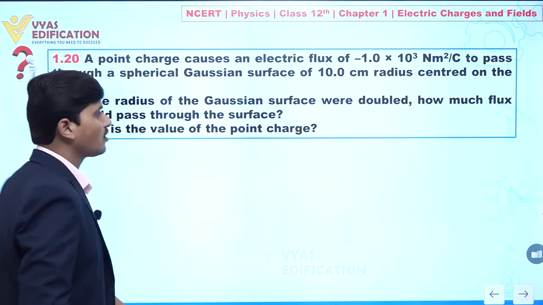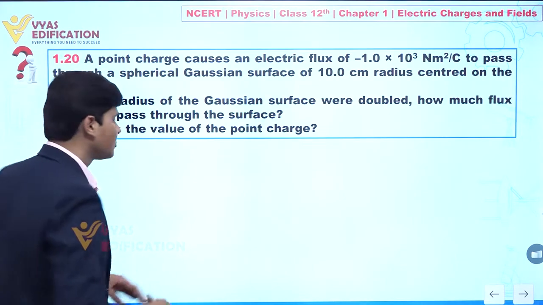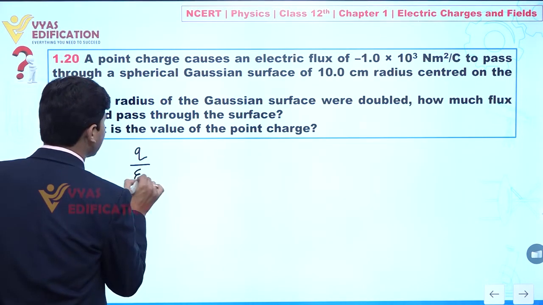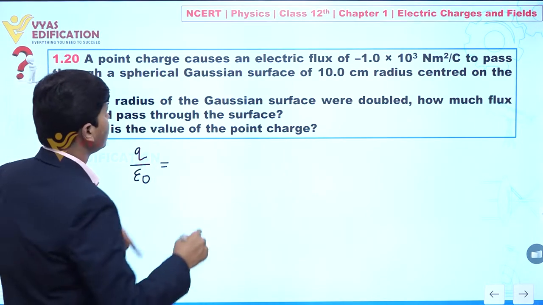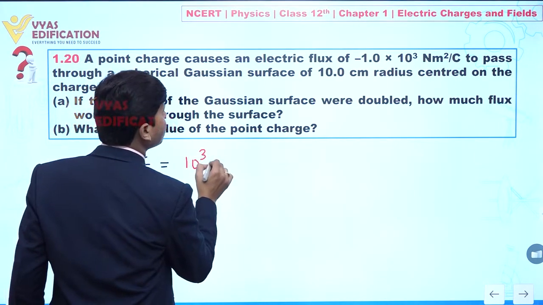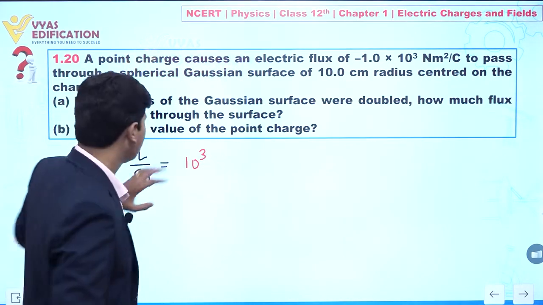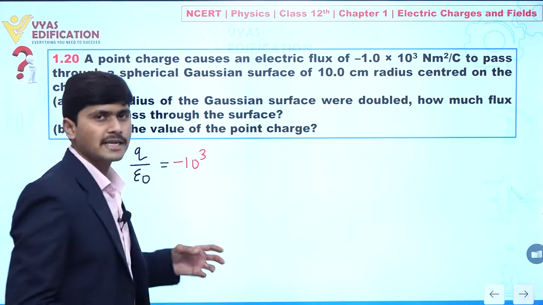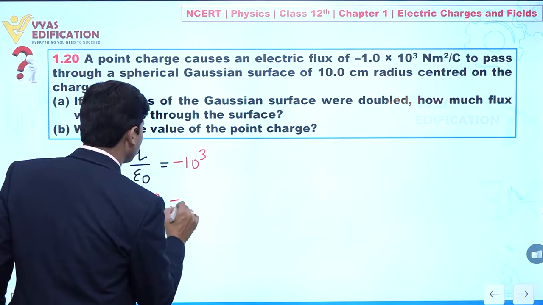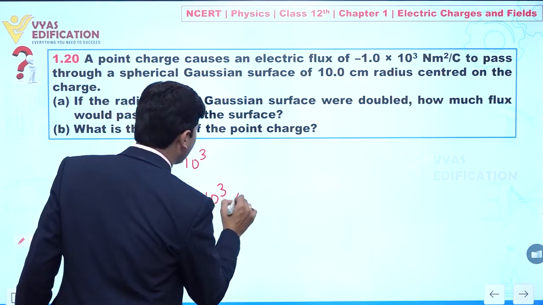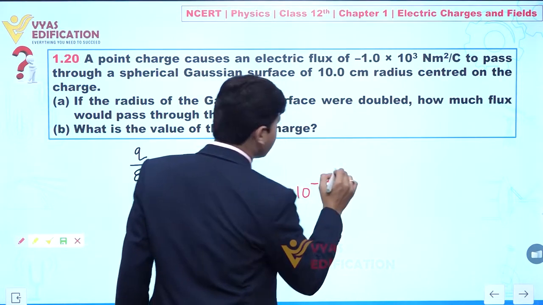Now if we talk about part B, what is the value of the point charge? We can write q by epsilon naught equals 10 to the power 3, because this is the value of flux. Here we are taking minus because it is given in the question. So we can write q equals minus 10 to the power 3 times 8.85 into 10 to the power minus 12.